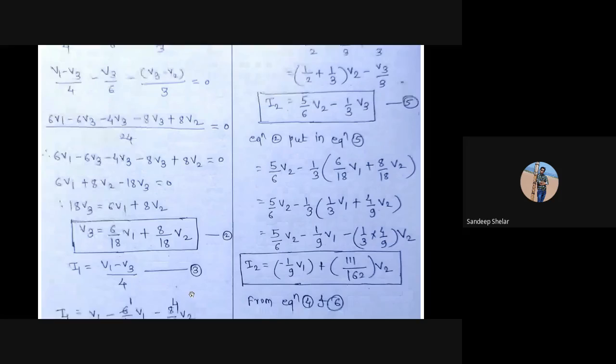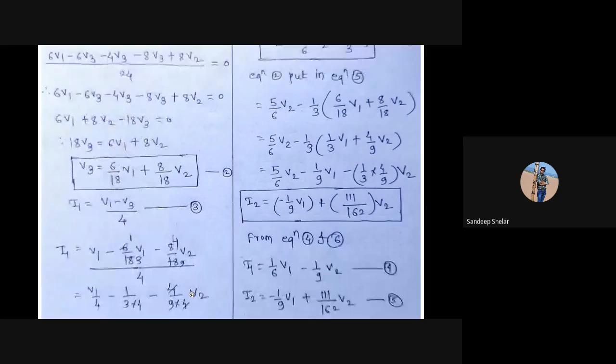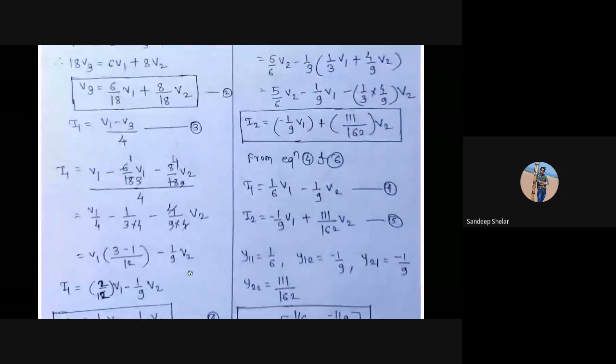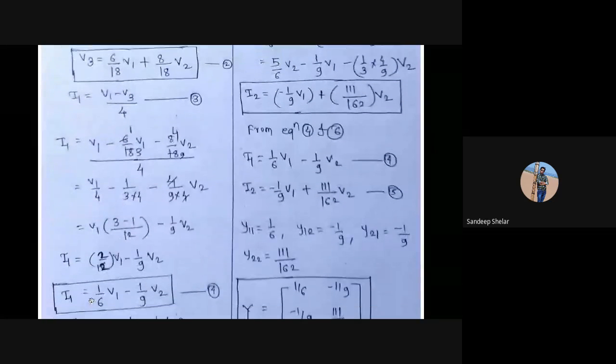Now equation numbers 4 and 5. Equation number 4 we have solved: I1 is equal to 1 upon 6 V1 minus 1 upon 9 V2. Then equation number 5 as it is: I2 is equal to minus 1 upon 9 V1 plus 111 upon 162 into V2.